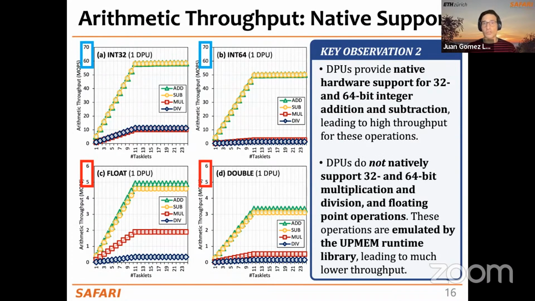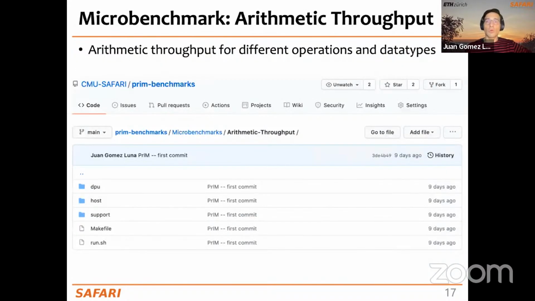The key reason is that the DPUs don't support floating point operands in hardware, and these floating point operations are emulated by the runtime library, which leads to much lower throughput. If you want to take a closer look at the microbenchmarks, or even use them if you have access to an UPMEM system, you can download them from our repository.